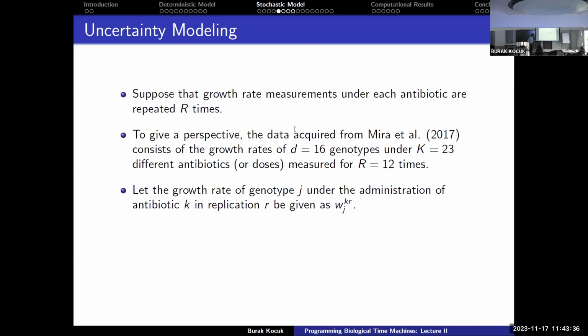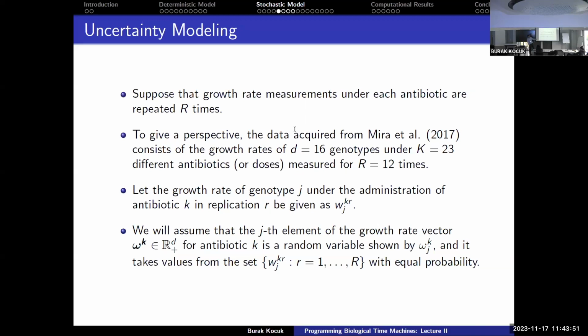Let's denote the growth rate of genotype j under antibiotic k in replication r by this notation. So this has three indices. And here is the main assumption. We will assume that the growth rate of genotype j under antibiotic k is a random variable which takes these values with equal probabilities.